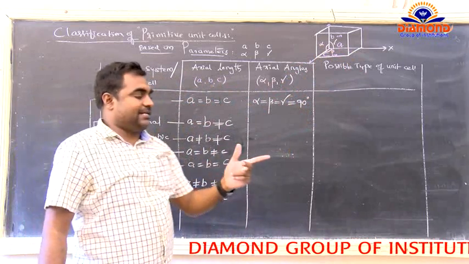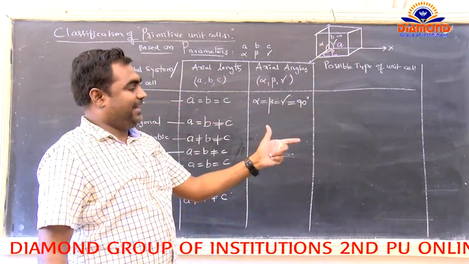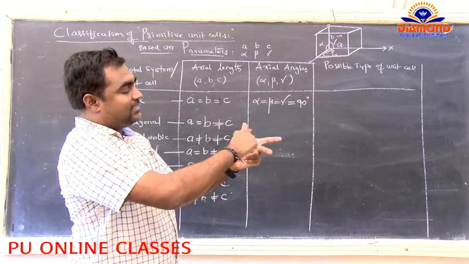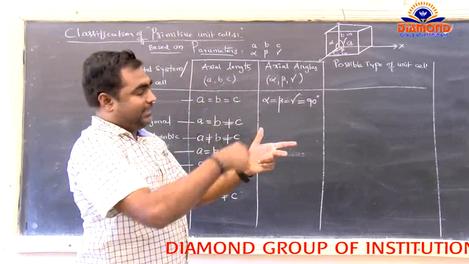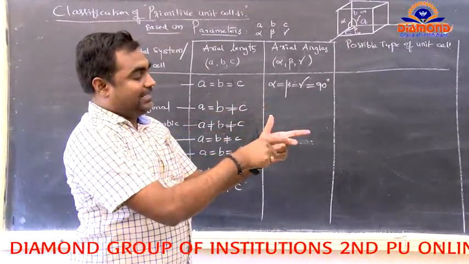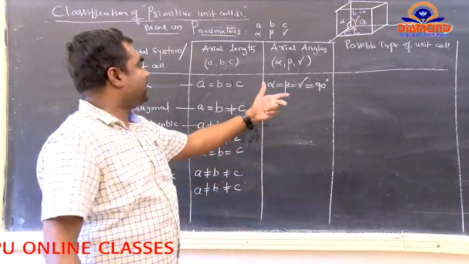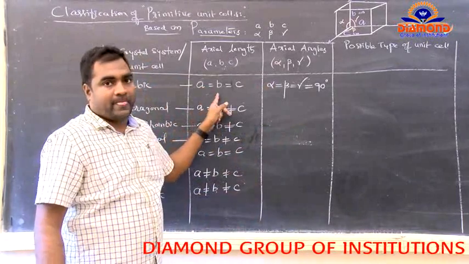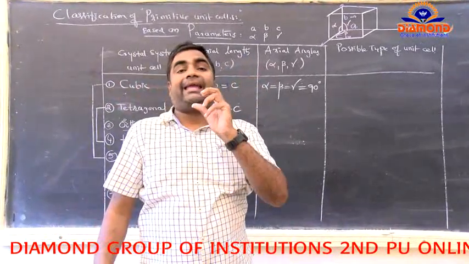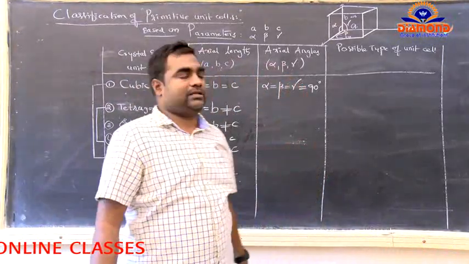So along the axes x, y, z, the angle between x and y is 90, y and z is 90, and x and z is 90. Then that unit cell belongs to the cubic unit cell. Each and every angle is 90 degrees only.